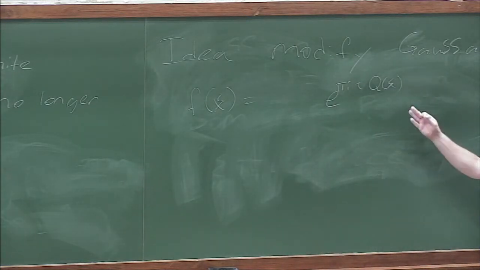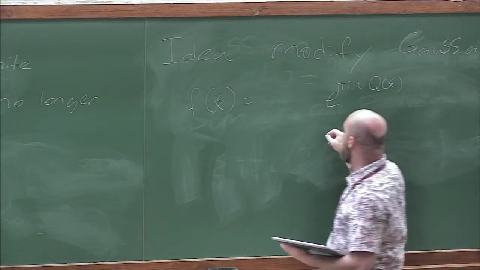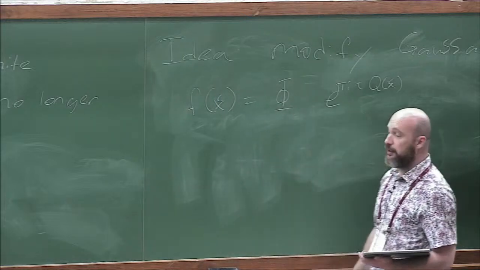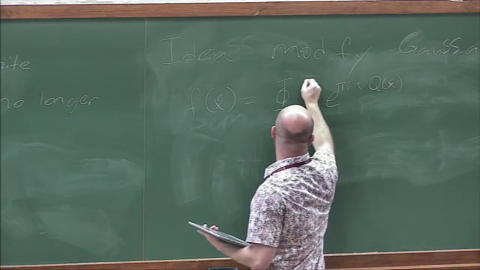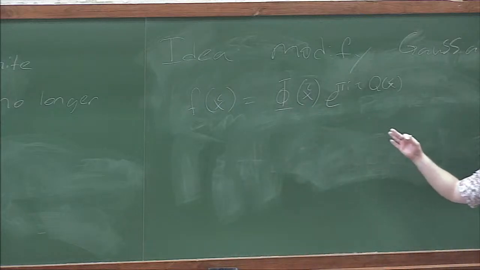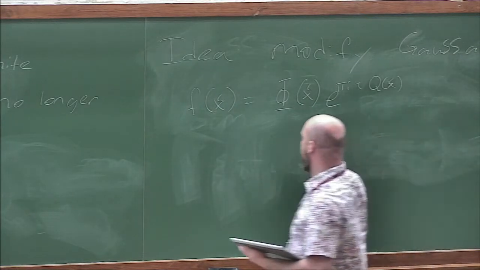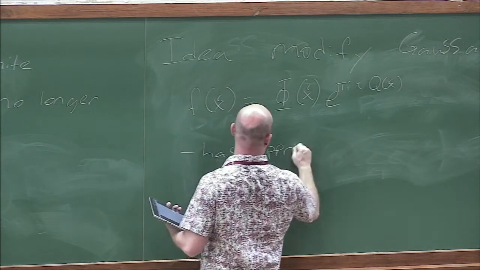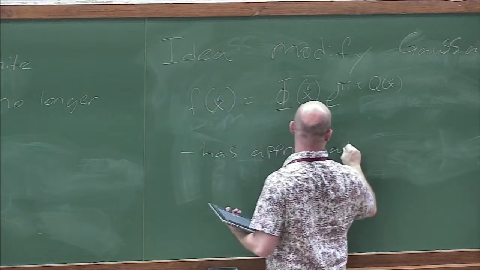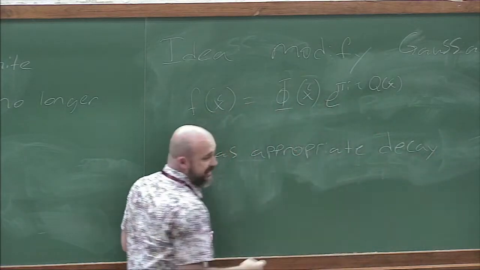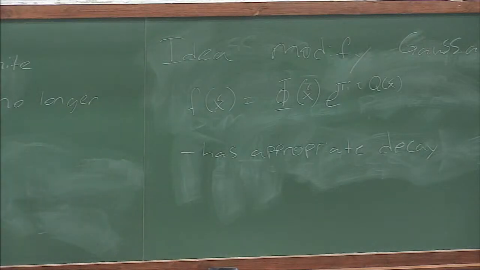I want it to look like this, but in order to make things work, we're going to create some other function here. We'll use a phi for the moment, of our variable, so that this has appropriate decay. We need it to have appropriate decay so that it converges.